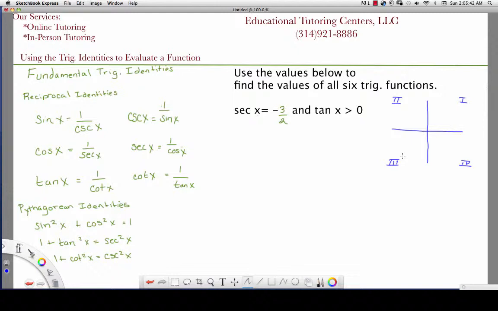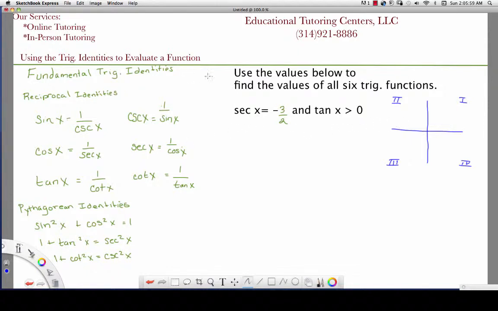And then the other easy, quick way that you all can learn the sign of the basic trig functions is to remember the saying that all students take calc.